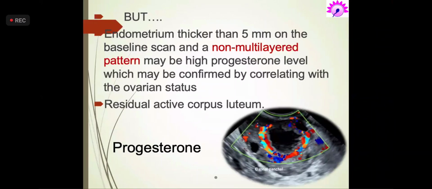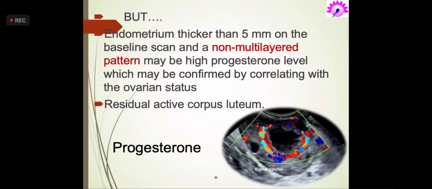If it is hyperechoic, that is when it may be high progesterone, and in these cases you will find a residual active corpus luteum. That means you find a residual corpus luteum in the ovary, and if you put on the flows, it will still show low resistance flow, which tells you it is a residual active corpus luteum.